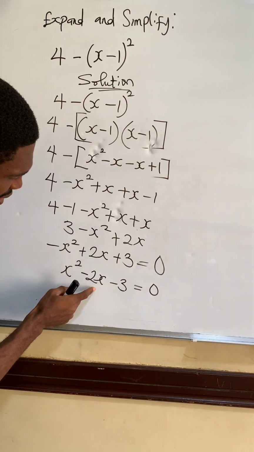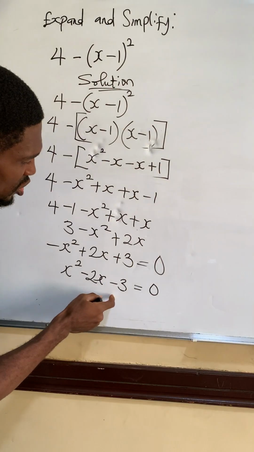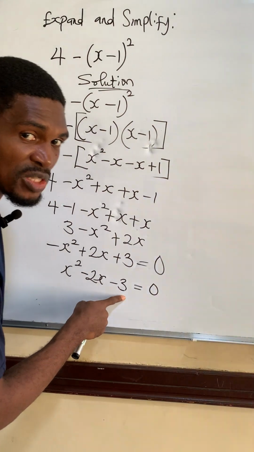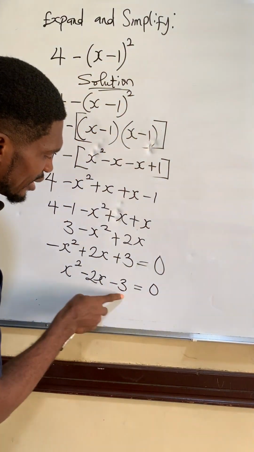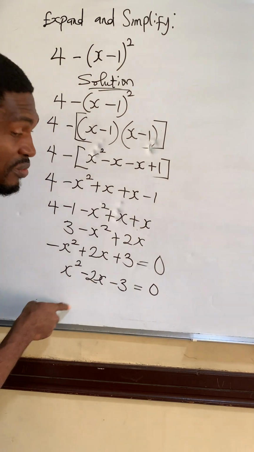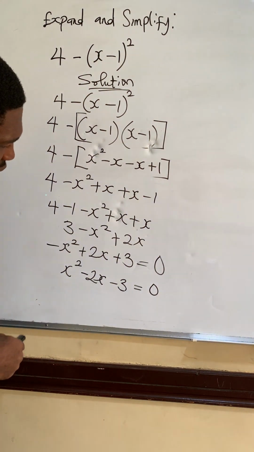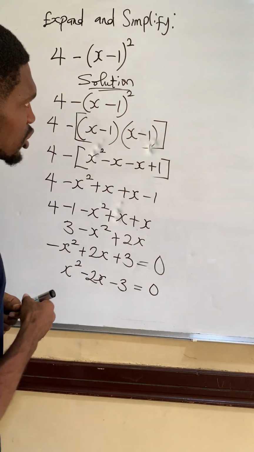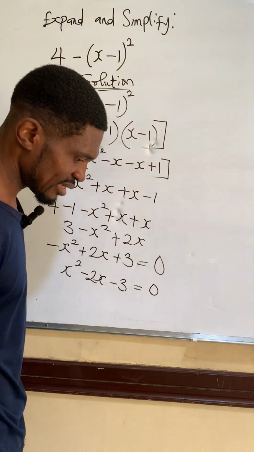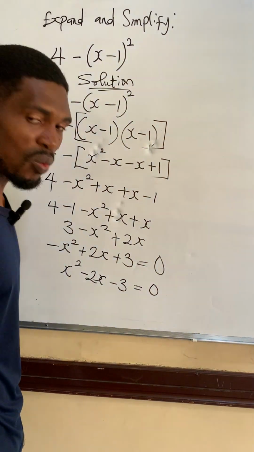We have this, and what we are supposed to do is look for the two numbers that when you multiply them, will give you 3, and when you add them up, will give you 2x. So the numbers should be minus 3 and plus 1.